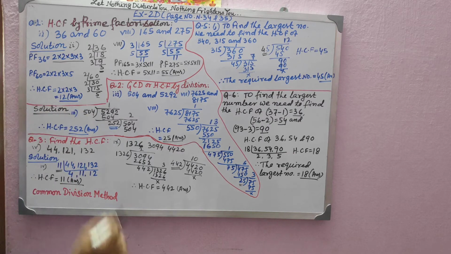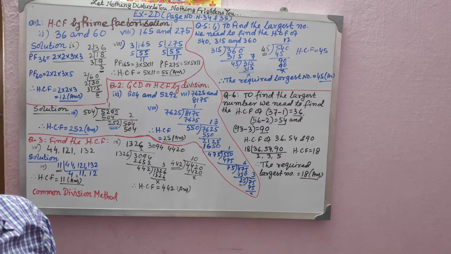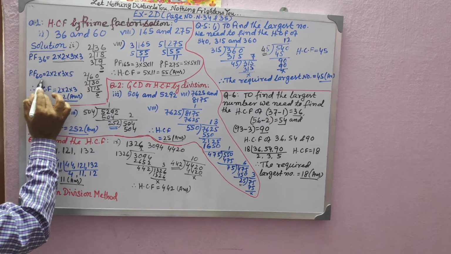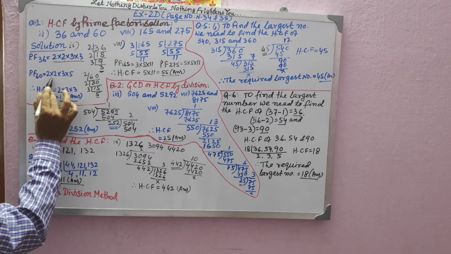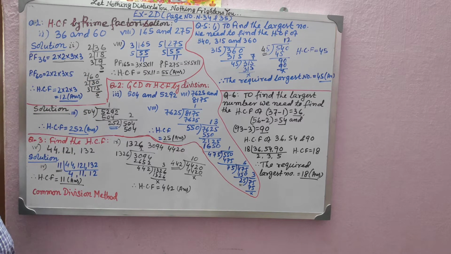You have learned up to this how to find a number as a product of prime factors. So 36 can be written like this, 60 can be written like this. All the factors are prime numbers. That is why it is a product of prime factors.